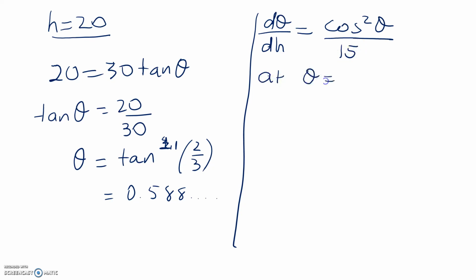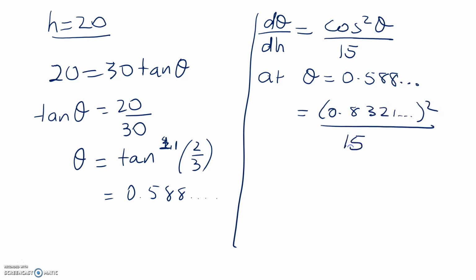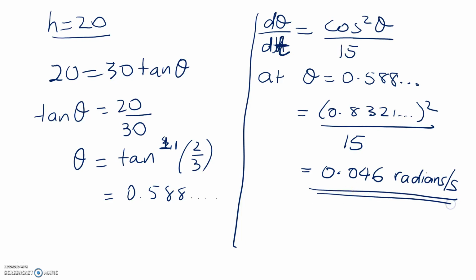So at theta equals 0.588, we can substitute that in, and we get 0.832 squared over 15, which gives me a final answer of 0.046, and my units is going to be radians per second. Now up here, that should say d theta by dt and not d theta by dh. Okay, so that's the final answer, and if you get the whole way through it, that's a merit question.